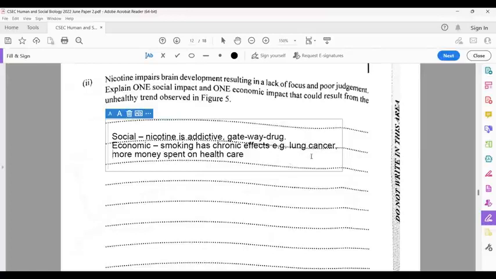Lung cancer costs money. When you go to public health, if public health is free, it costs money. Means the government, the taxpayers are paying for the treatment of that person. In private health, it means a private citizen is paying for treatment of lung cancer, which smoking does cause.